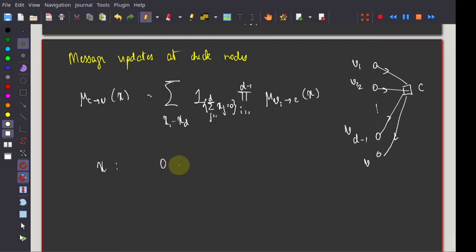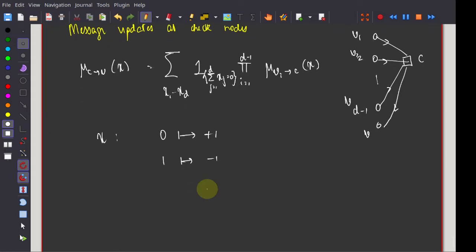There's a reason: the simplification of the message update rules becomes much easier if we do this particular reparameterization. So the nice thing is, what happens to the summation, i equal to 1 to d, of x_i?